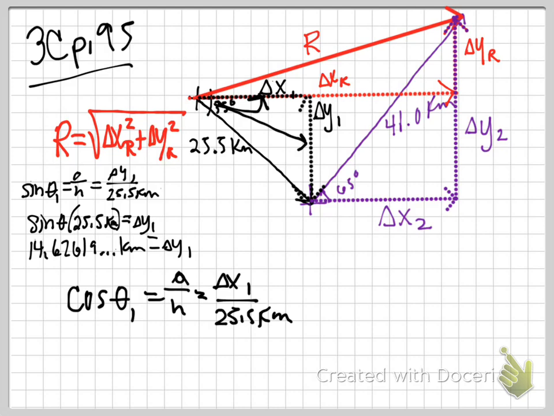Now, I'm starting off with the whole sine equals opposite over hypotenuse, cosine equals adjacent over hypotenuse. We won't do that forever. Once you're comfortable doing these a lot, you're probably just going to hop straight to, okay, cosine theta 1 times 25.5 km equals delta x1.